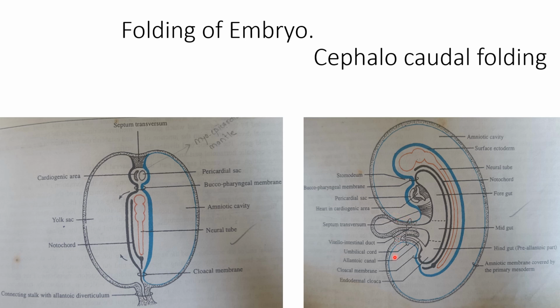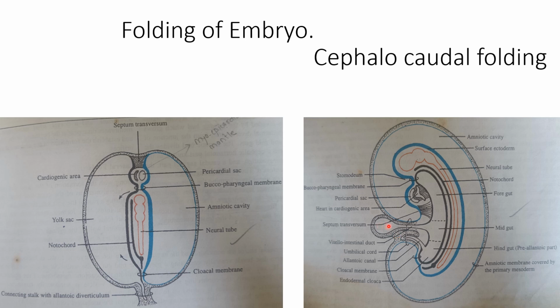The amniotic membrane is forming a tubular sheath around the connecting stalk. So the connecting stalk is enclosed by a tubular sheath, and soon it is converted to the umbilical cord.